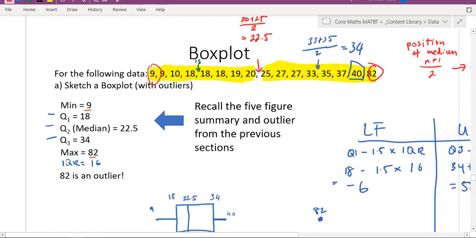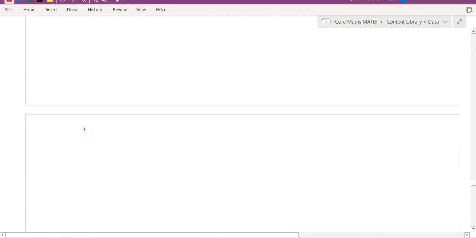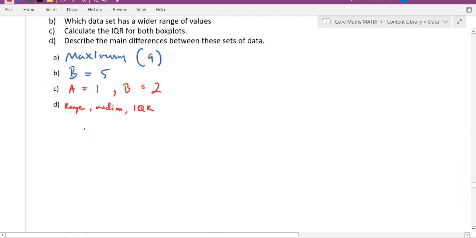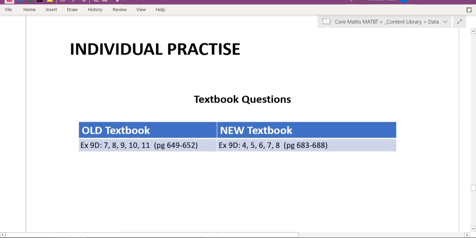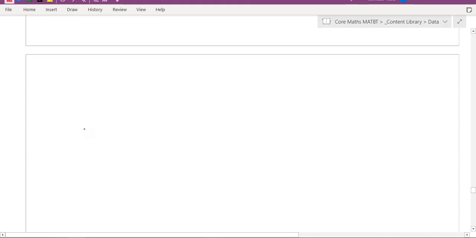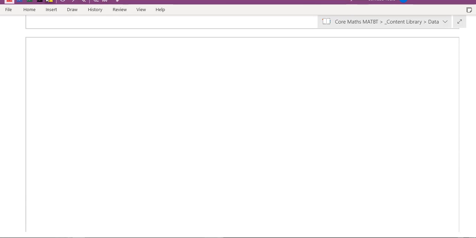So let's really quickly draw a box plot for a 5-number summary that looks like this. In this page here, I'm going to come up with some numbers, and I would like you guys to actually copy this down. I'll make it really simple though.